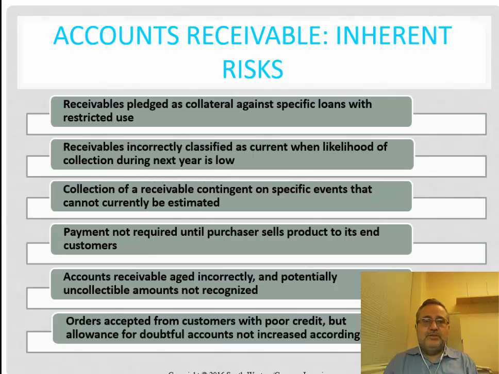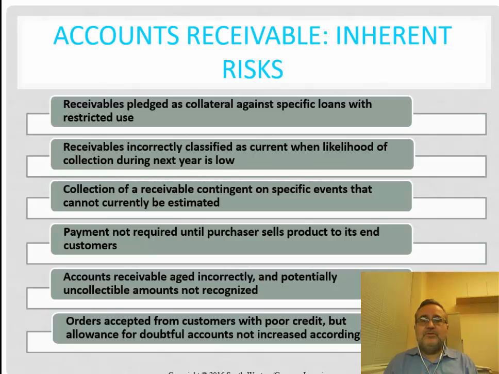So this is really related to the rights to the asset, the management assertion of rights, and if there have been pledges, it's very possible that this is going to affect the valuation of this asset. Receivables incorrectly classified as current when in fact the probability of getting paid within the next year is low. Collection of receivables contingent on specific events that cannot be estimated.